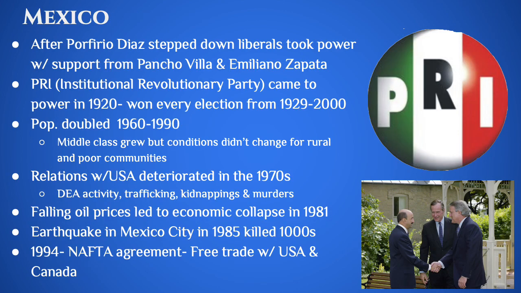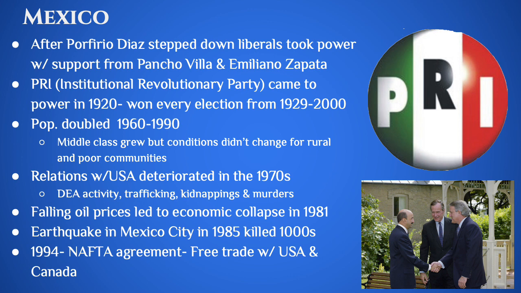And our last stop on this long journey is our southern neighbor, Mexico. Going all the way back to the early 20th century, after Porfirio Diaz stepped down, you have a liberal government that takes over, and it actually gets support from these revolutionary figures whom you've probably heard of, Pancho Villa and Emiliano Zapata.